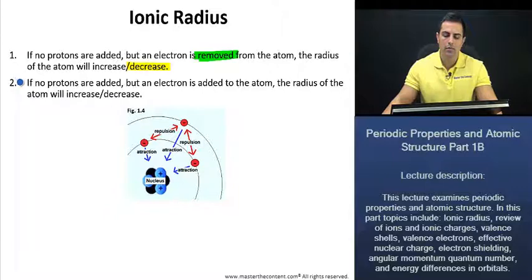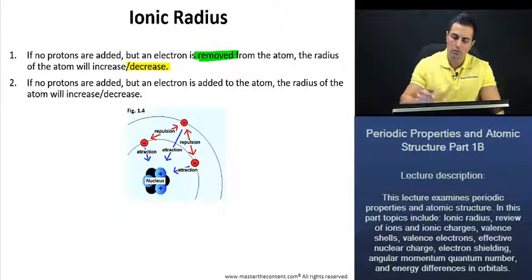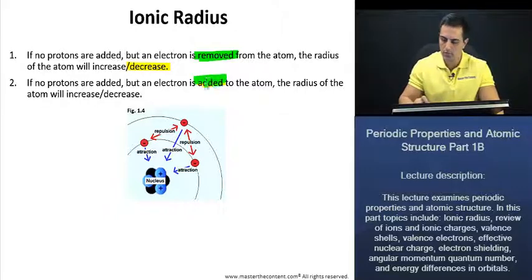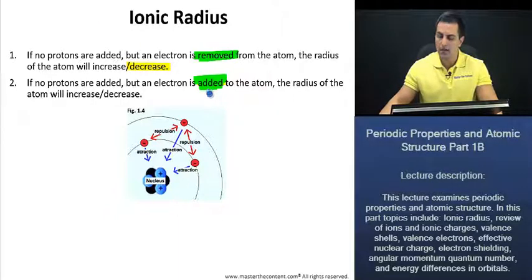Now, how about number 2? Let's take a look at this scenario. If no protons are added but an electron is added to the atom, the radius of the atom will increase or decrease. Once again, there's no change with the attractive force. But an electron is being added to the atom.